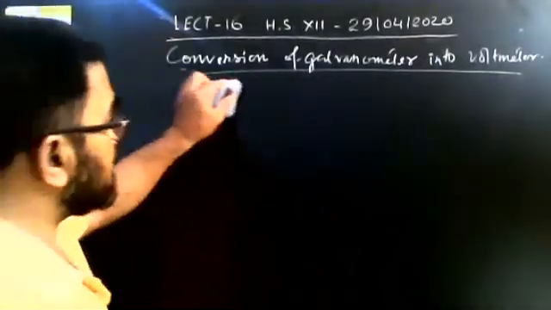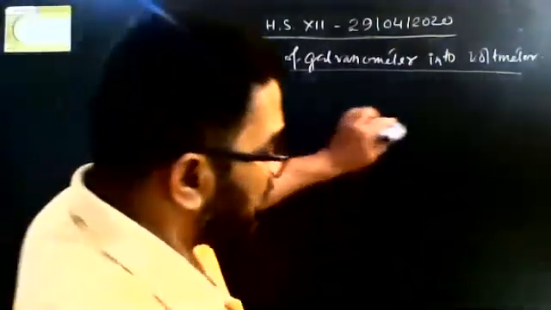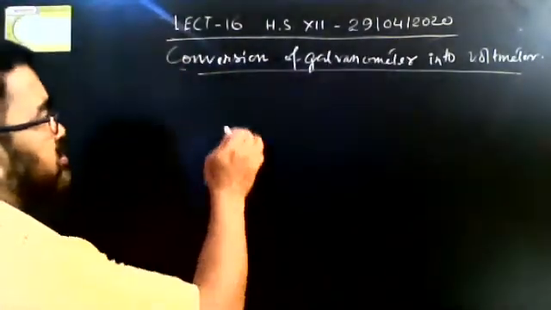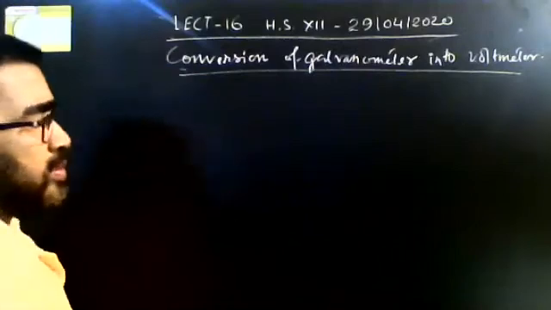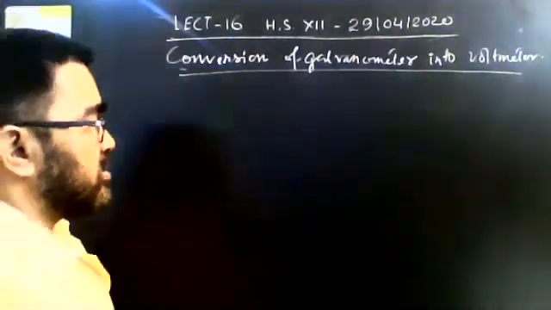My topic is conversion of galvanometer into voltmeter. As we know, the voltmeter is always connected in parallel in the circuit.